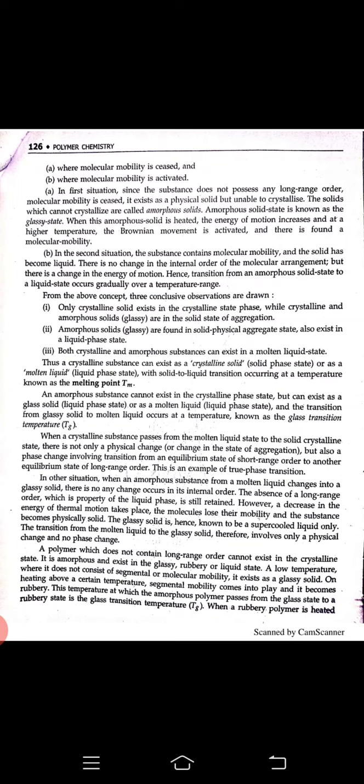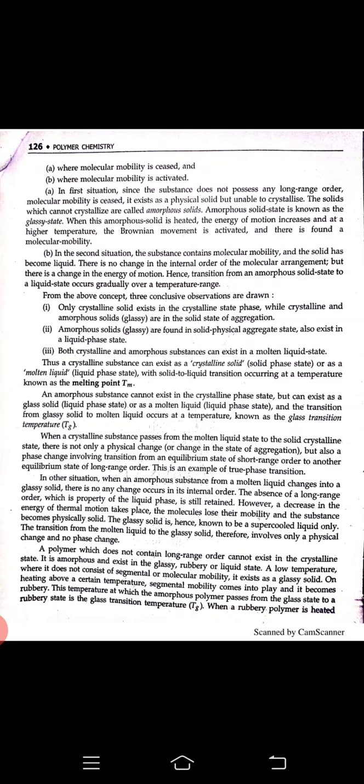Thus, a crystalline substance can exist as a crystalline solid or as a molten liquid, with solid to liquid transition occurring at the temperature known as the melting point. And amorphous substances cannot exist in the crystalline phase state but can exist as a glass solid or a molten liquid, and the transition from glassy solid to molten liquid occurs at the temperature known as the glass transition temperature Tg.